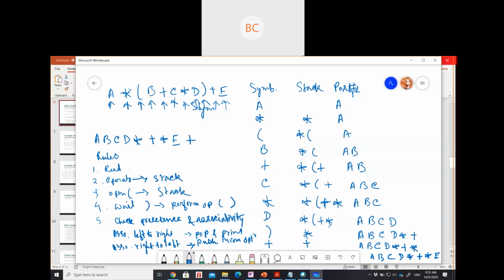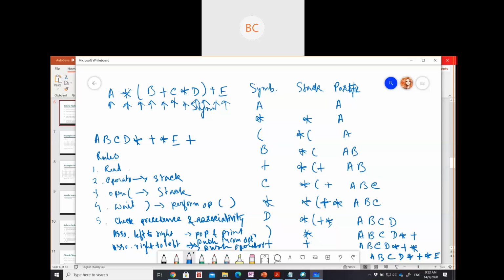You will simply push the operator into your stack. Okay. So remember in the exponential one, we simply push it to the stack, and in case of multiplication and this, we just pop out the higher precedence one and push the plus symbol inside your stack.